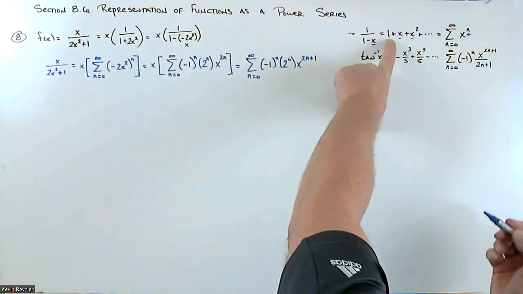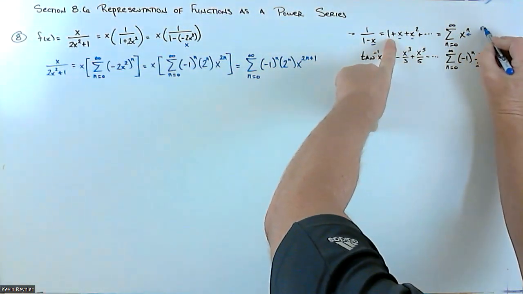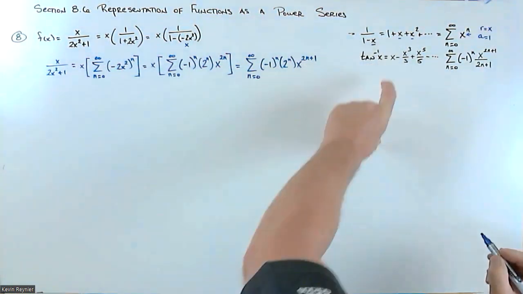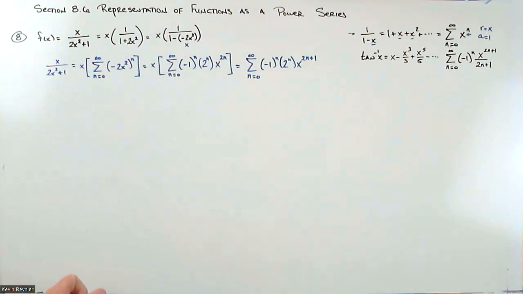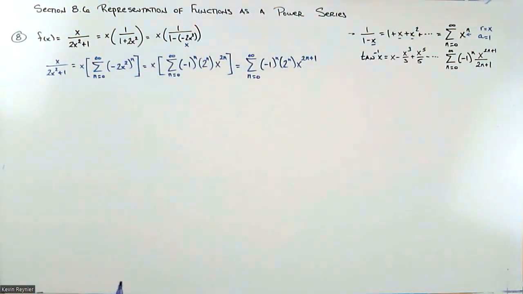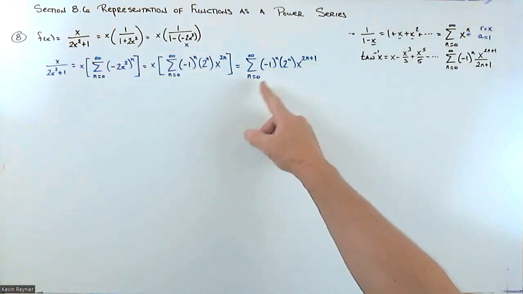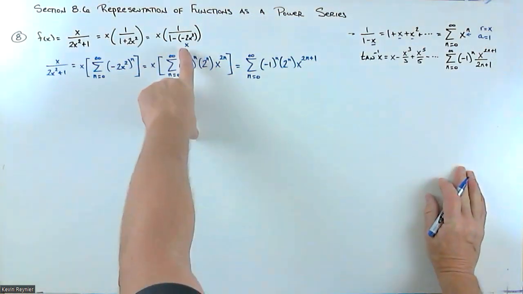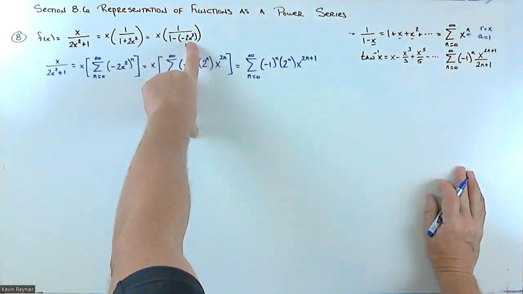After all, this is geometric: r is equal to x, a is equal to 1. We're not going to go through the trouble of writing it all out. We replaced our x with -2x squared.